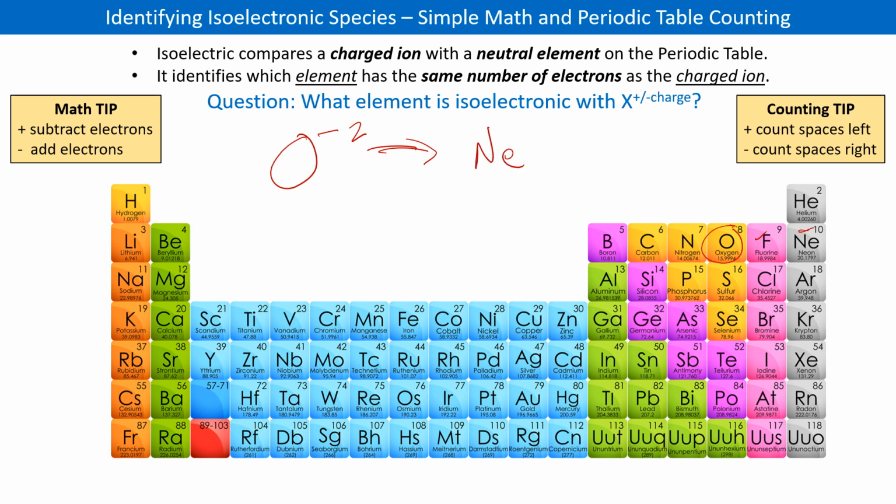We go from oxygen 8 to a noble gas of 10, which is why oxygen likes to reduce. It's attempting to look like the noble gas. So oxygen -2 has the isoelectronic signature of neon, with the same electron count. Here I just counted them: 8, add 2 gives 10. That's what happens with oxygen -2.